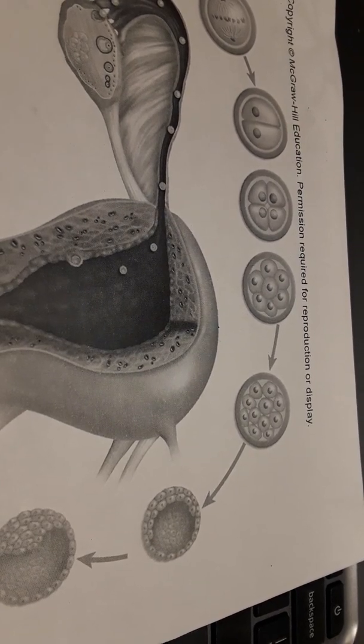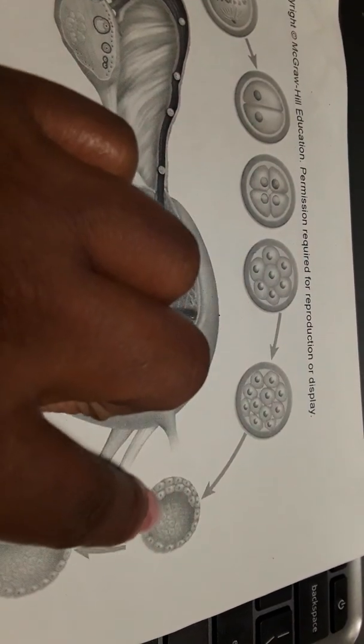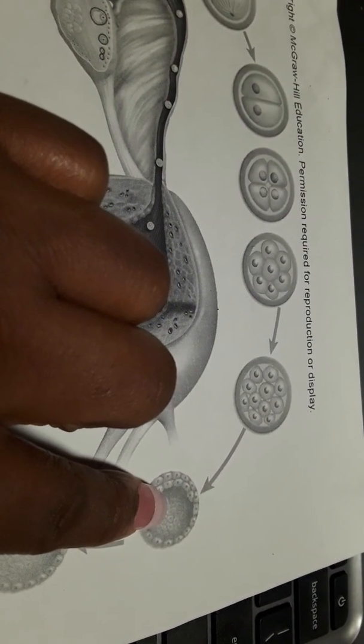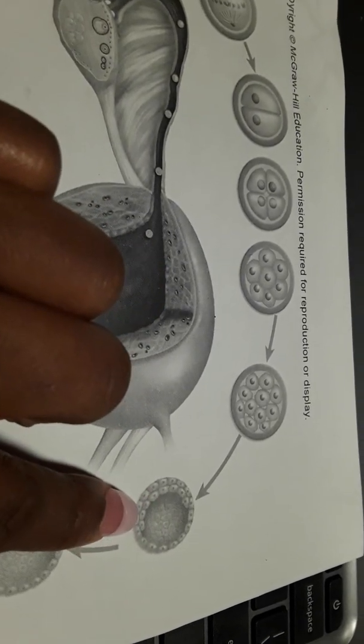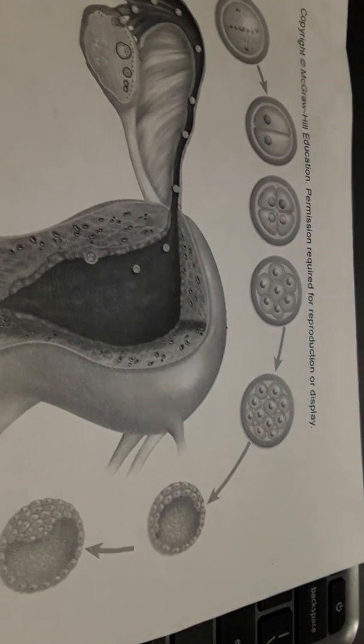It begins to accumulate fluid within the internal cavity and floats into the uterus. So it'll be floating in the uterus.